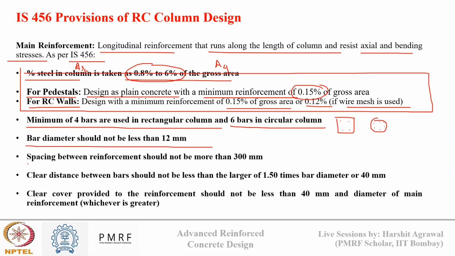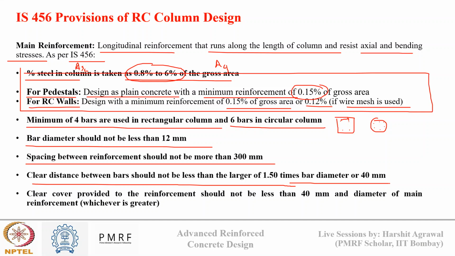The spacing between the reinforcement should not be more than 300 mm. So however many bars you are providing, the center to center spacing between the reinforcement should not be more than 300 mm. The clear distance between the bars should not be larger than 1.5 times the bar diameter or 40 mm.